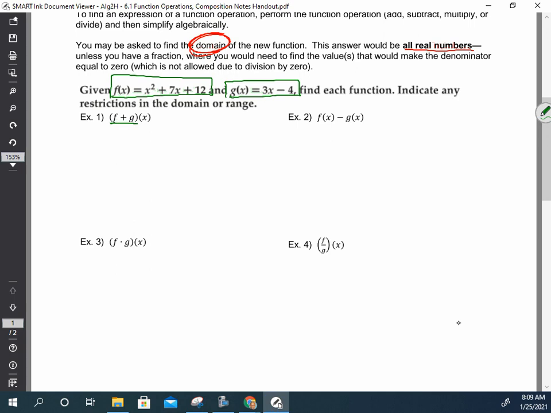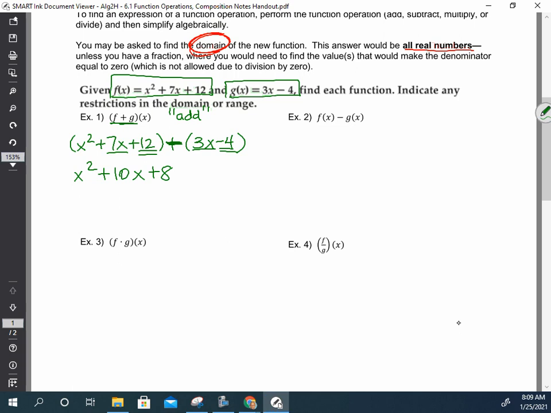So example 1, f plus g of x. That means you are adding the functions. So this is x squared plus 7x plus 12 plus 3x minus 4. F plus g of x simply means add functions together. Which if you add the functions together, this is x squared, 7 and 3 is 10, 12 minus 4 is 8.